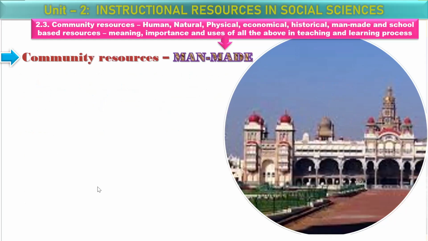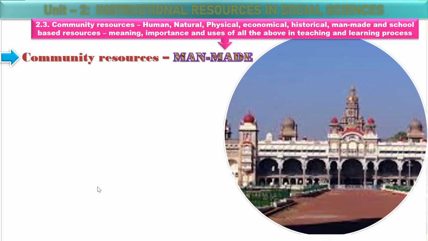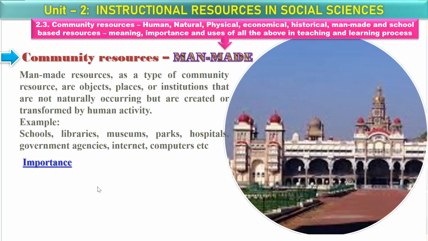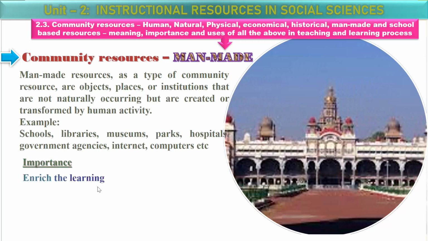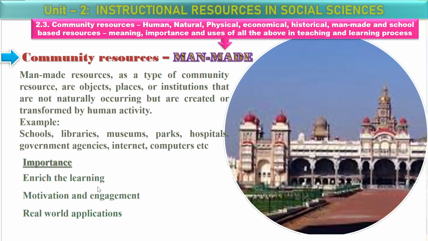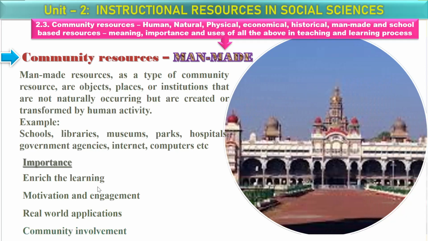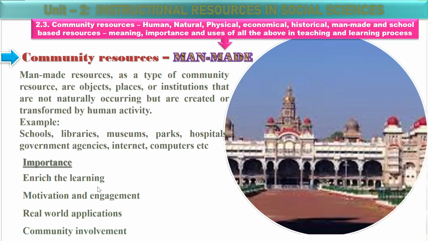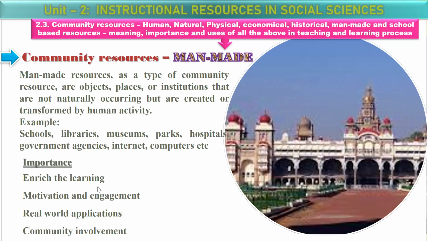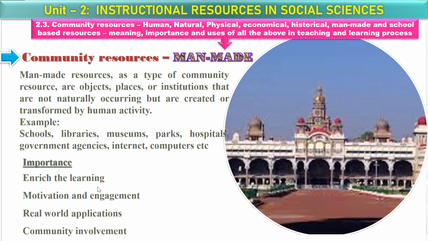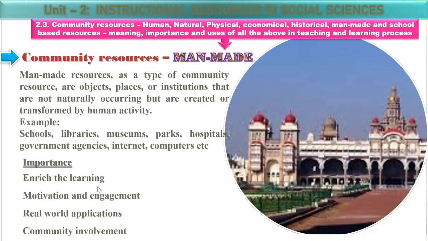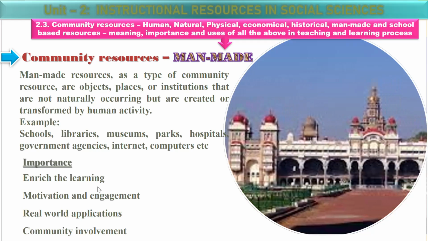Then man-made resources. What are man-made resources? Again, man-made resources include museums, schools, libraries, parks, hospitals, government agencies, and we have the internet to refer. We have computers. All these are man-made. So man-made resources, as a type of community resources, are objects, places, or institutions that are not naturally occurring but are created or transformed by human activity.